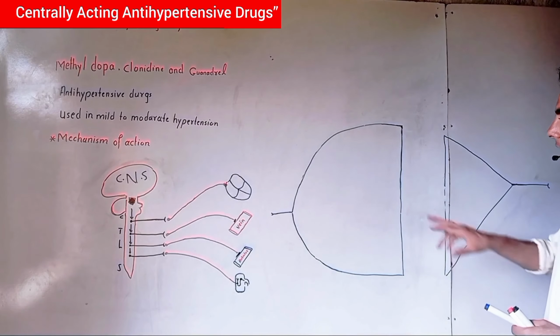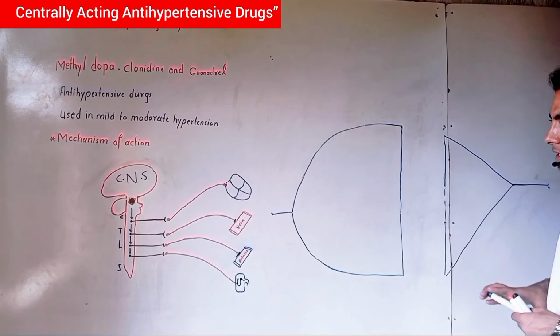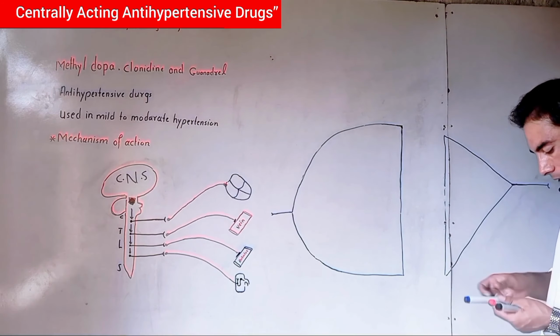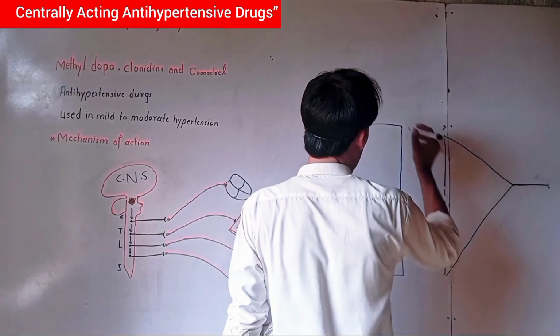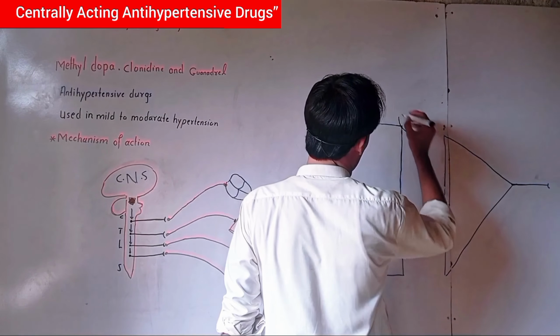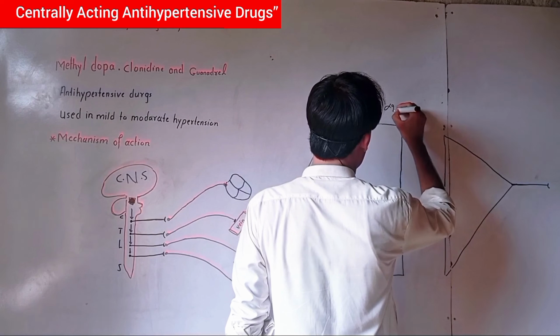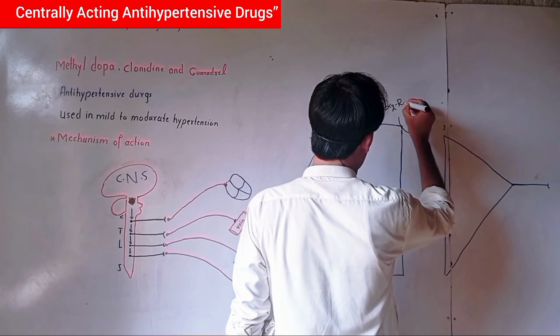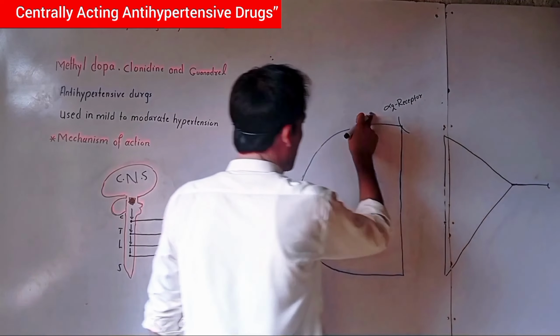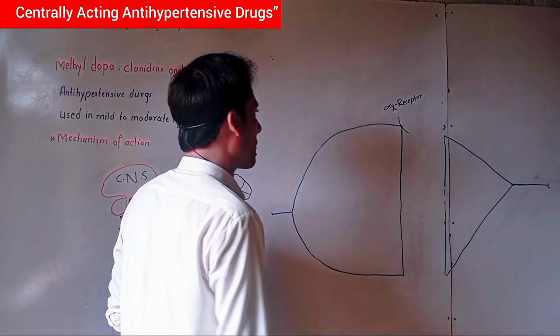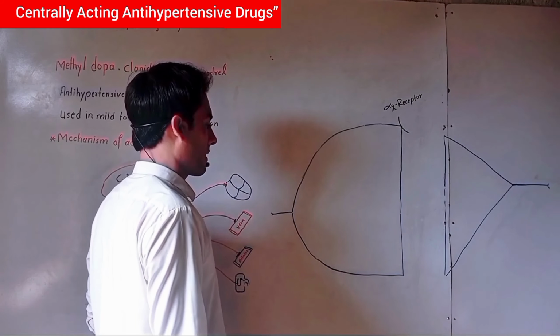Now on the wall of the preganglionic nerve ending, there is a special receptor present, that is called the alpha 2 receptor. Alpha 2 receptor plays an important role, which we will discuss later.